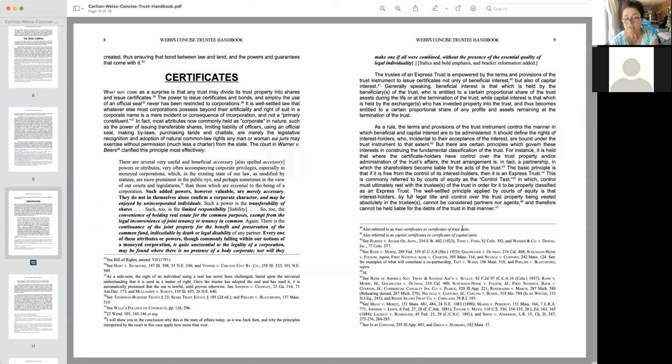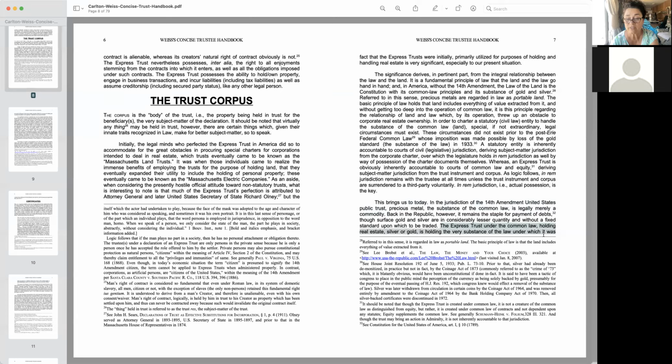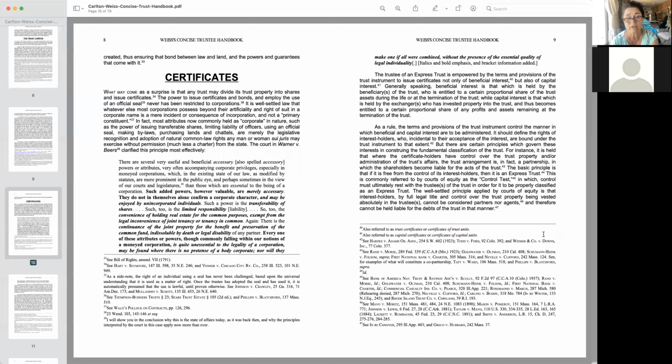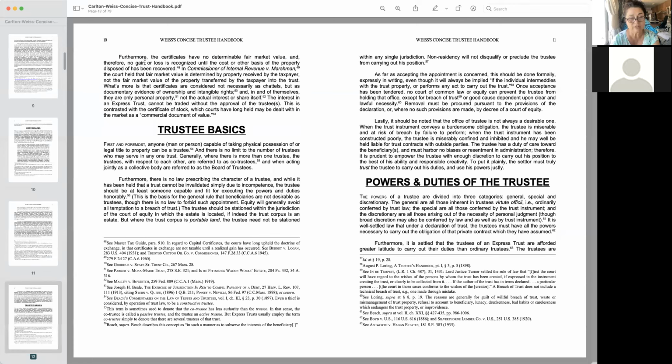The express trust under the common law holding real estate, silver or gold, is holding the very substance of the law under which it was created, thus ensuring that bond between law and land and the powers and guarantees that come with it. Interesting.